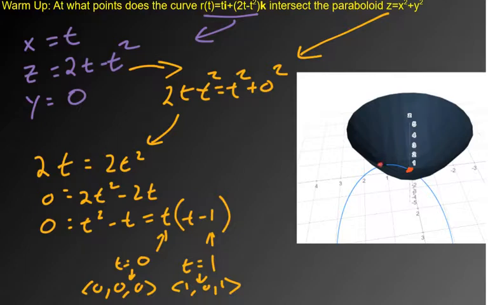And then there's another point, t equals 1, where the vector coming out is 1, 0, 1. I'll pull this up on Math 3D and spin it around to show you better. But those are the two vectors that mark the intersection of this vector valued function and this surface.